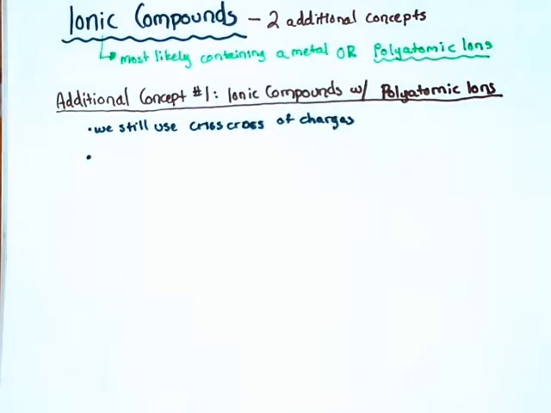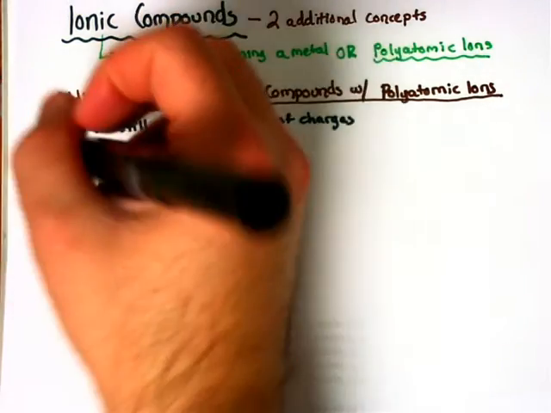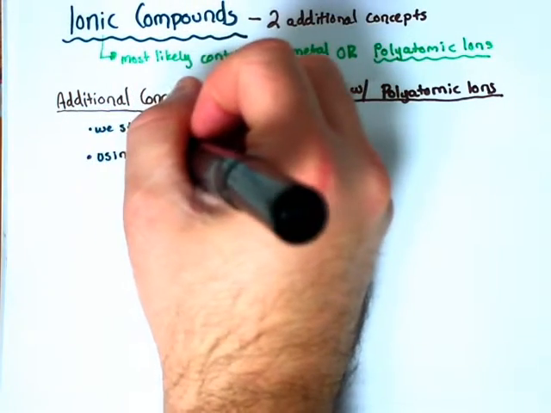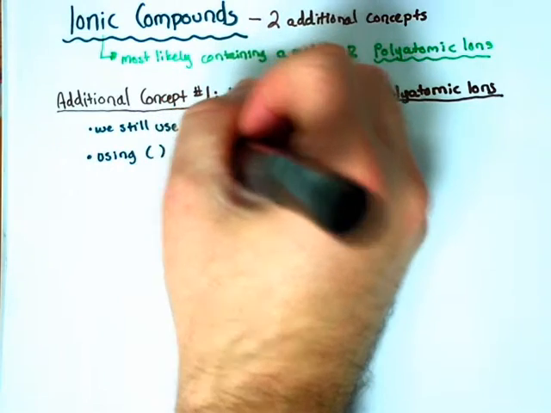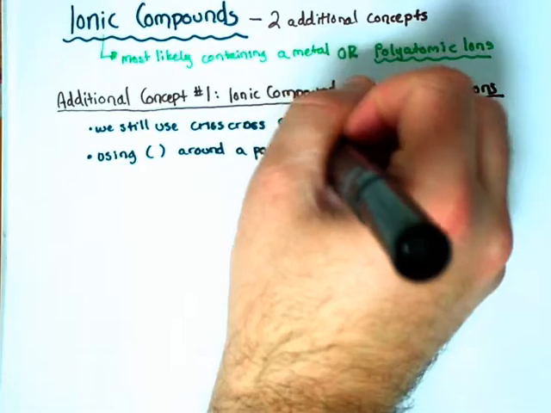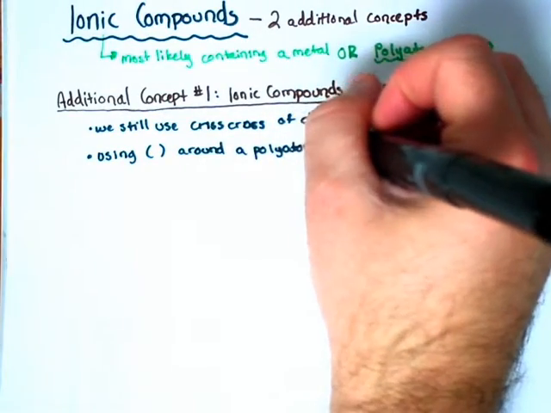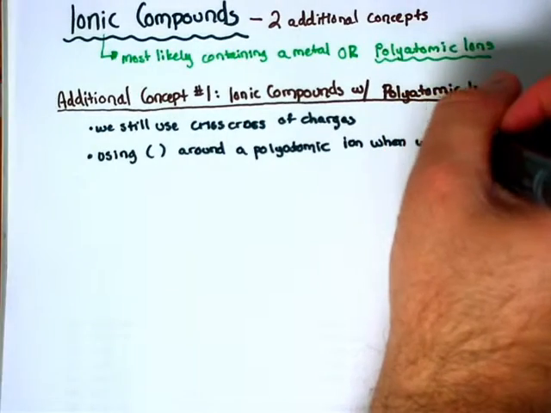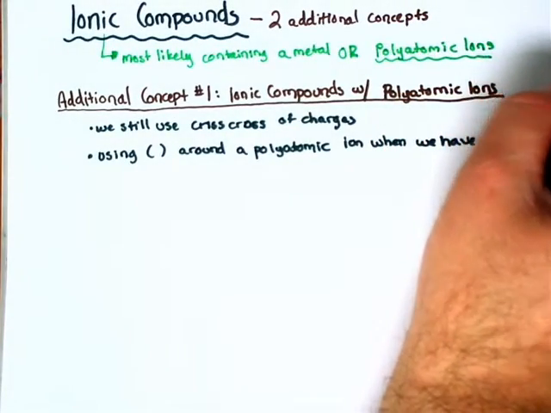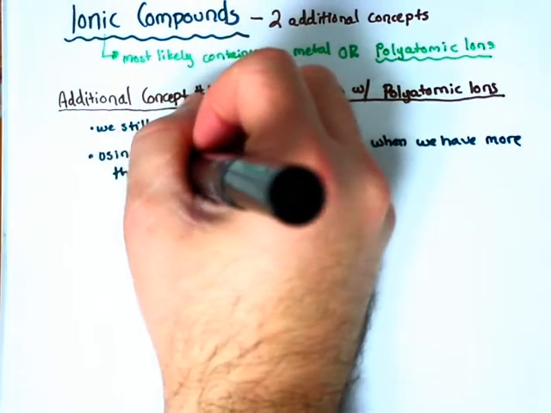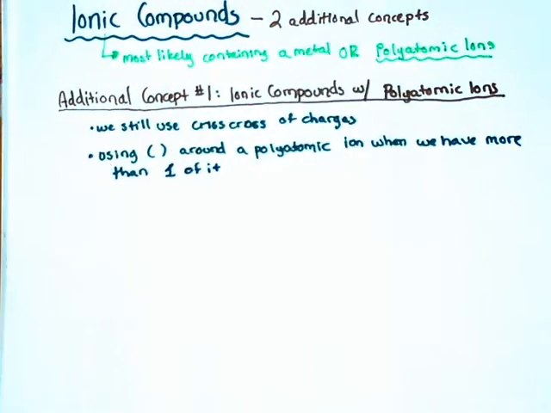The new thing, though, that would go along with this is that now we're concerned about using parentheses around a polyatomic ion. And you know what those are, right? You just wrote them down. We use parentheses around a polyatomic ion when we have more than one of that polyatomic ion.